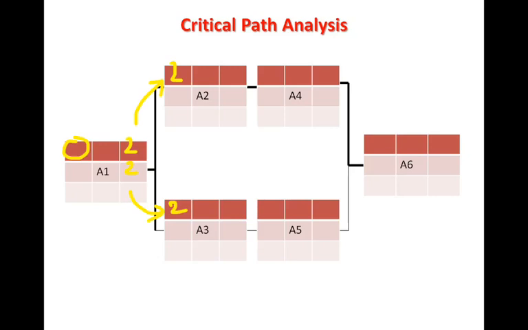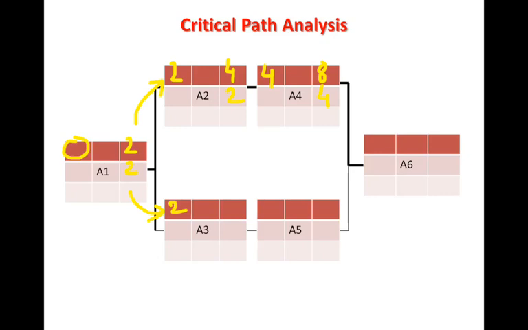Now A2's activity duration is also 2, so 2 plus 2 is 4, so we take this 4 forward, and A4's duration is 4, so we add 4 plus 4, 8, and we do the same for A3 and A5. This is arranged in this way because of the preceding order.